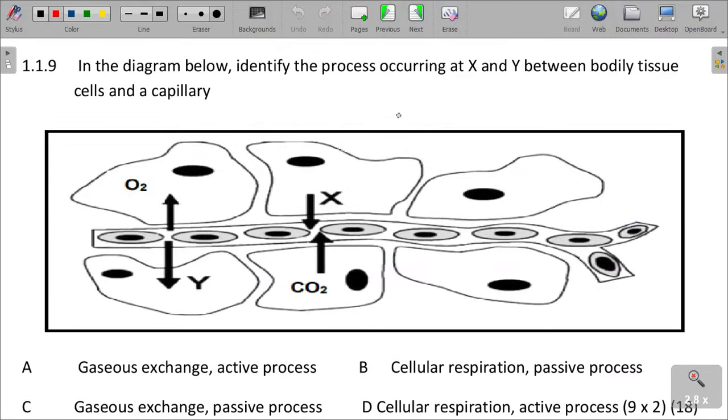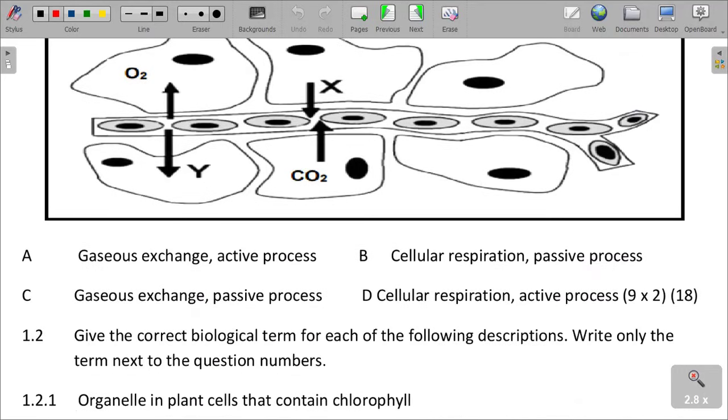And then the diagram below identifies the process occurring at X and Y between both tissue cells and capillary. We are looking at carbon dioxide and oxygen concentration and gaseous exchange, which is shown here.